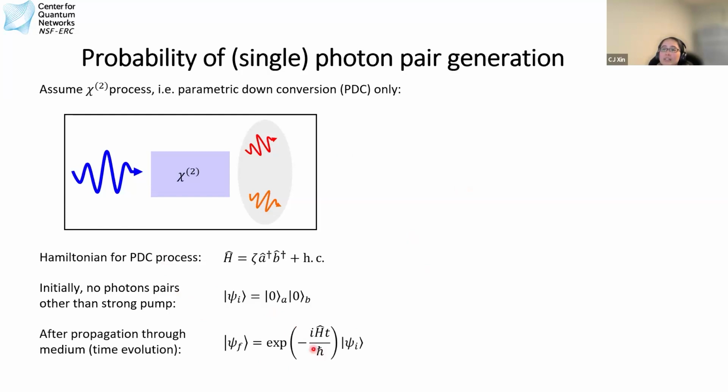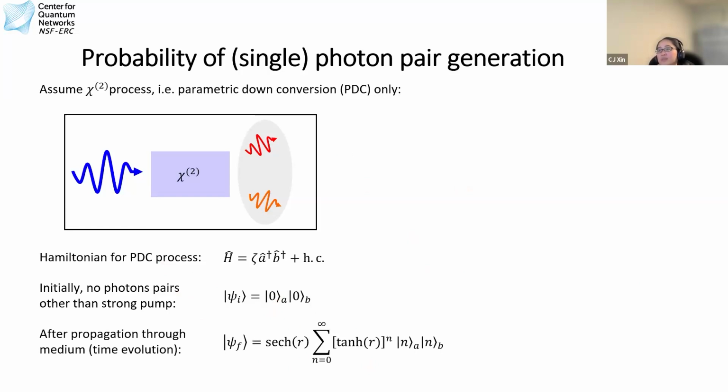The operator acting on the initial state is e to the minus iHt over h bar, which is just Schrodinger's equation. I skip a lot of steps in the math, but you put that Hamiltonian in and do some substitution.